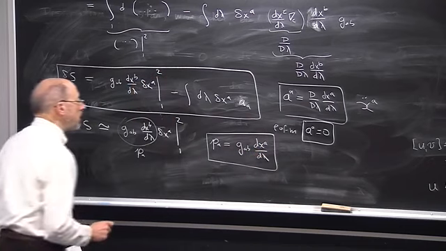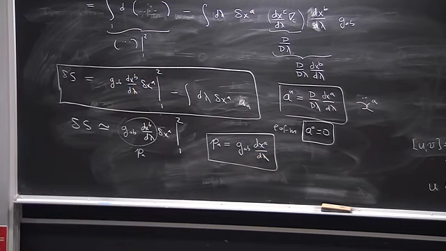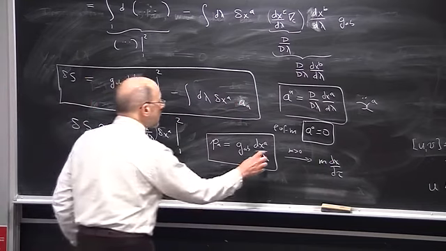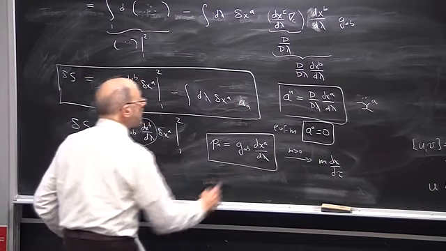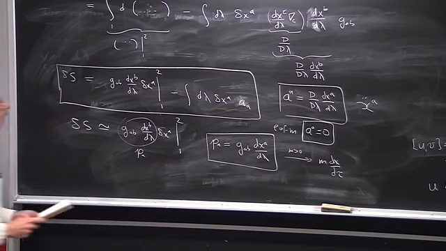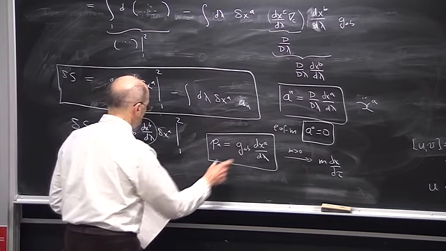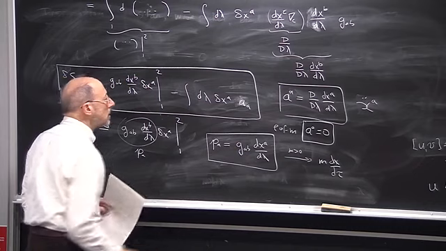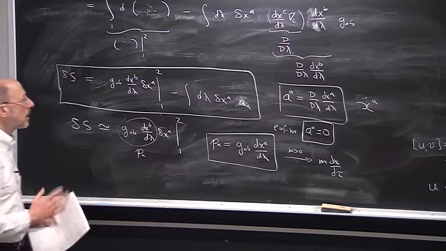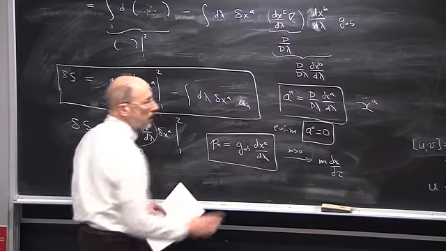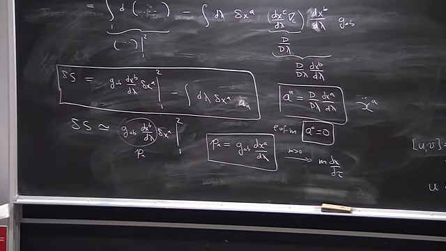It's not a big surprise in the massive case because we saw that it just goes over to m dx/d tau when the mass is greater than 0, which is a very familiar expression for the momentum. In the massless case, it's a little more subtle. It depends on lambda. But it's still something tangent to the world line, if we raise the index and make it a vector, but the exact way it's normalized depends on this lambda.